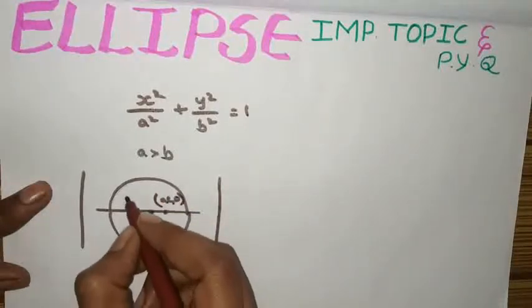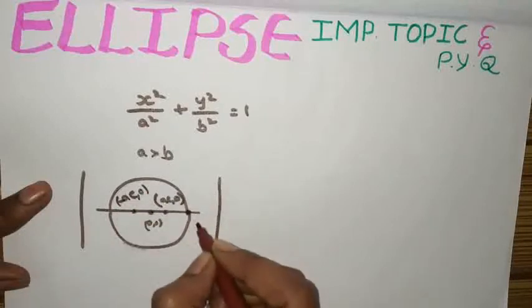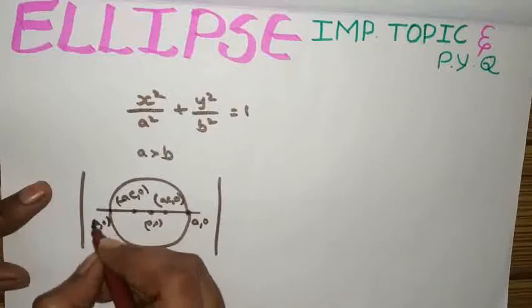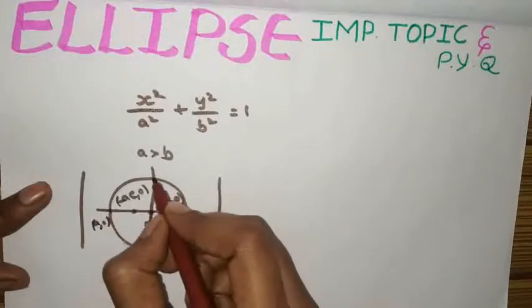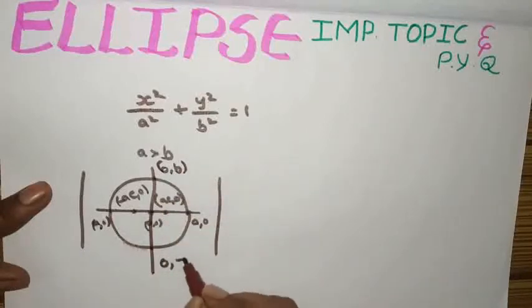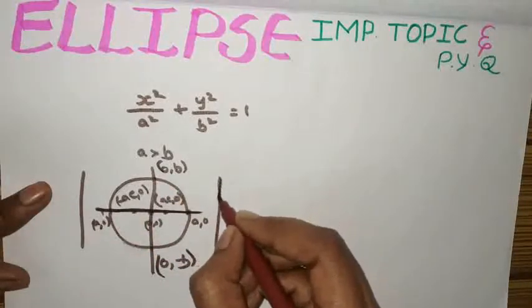This is also focus (minus ae, 0), and these are vertices (a, 0) and (minus a, 0). Here one more axis will be there, that is the minor axis. This point will be (0, b) and this is (0, minus b). See, this is the major axis, this is the minor axis and this is the directrix.